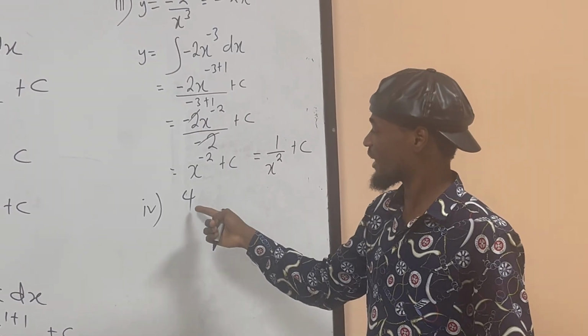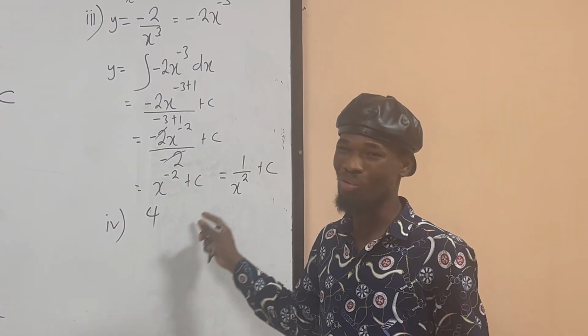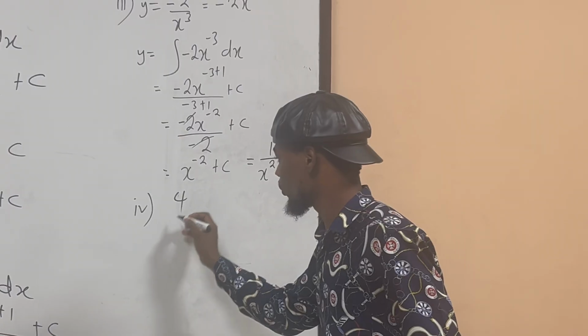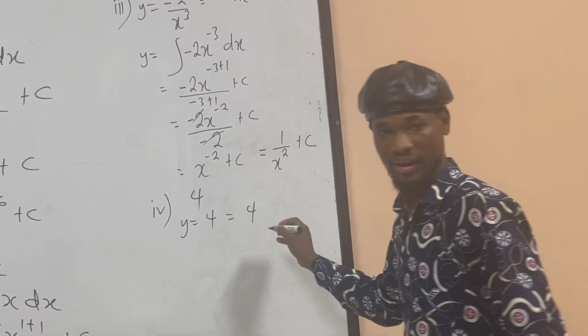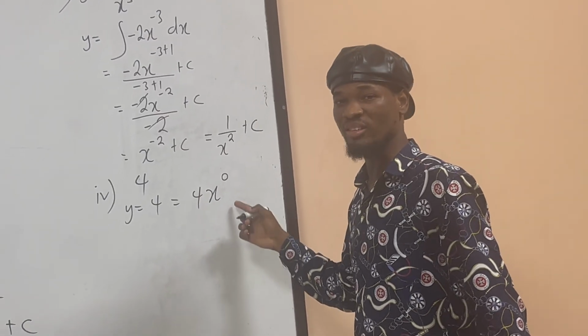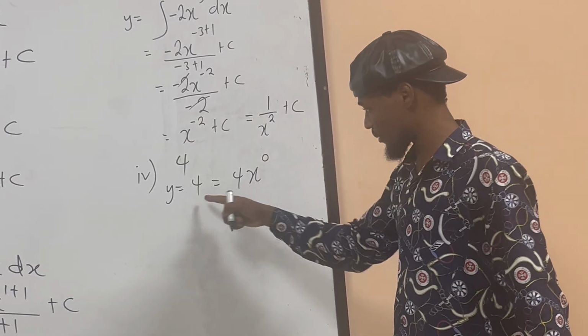We are saying when I integrate a constant, I'll get the constant plus the variable attached to it. So y is equal to 4, which is the same as 4x to the power 0. Any non-zero number raised to the power 0 is 1. So this is the same as that.